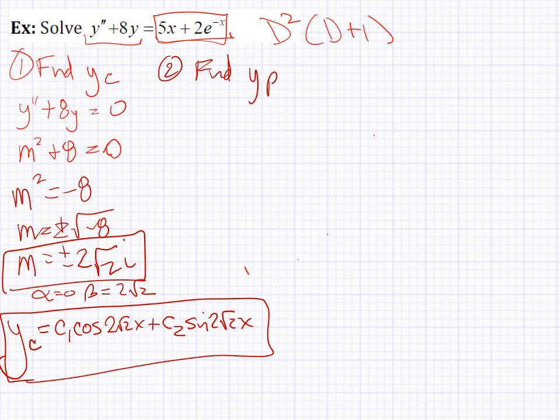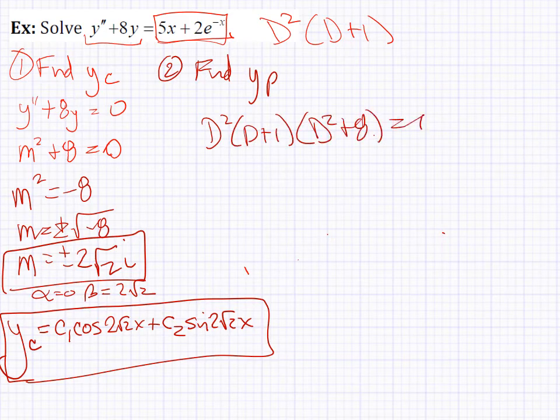All right, in doing so, we know the annihilator, d squared times d plus 1. We know the original differential equation would be d squared plus 8. And we annihilate the right-hand side. Take notice here. This is something you're going to have to get good at. Here's your annihilator. Here's your original equation. They don't share any roots if we were looking at the auxiliary equation. So, if they don't share any roots, we know we're going to pull out the y sub c.